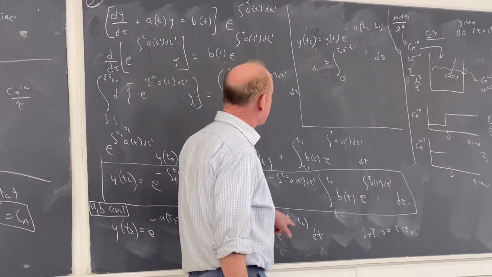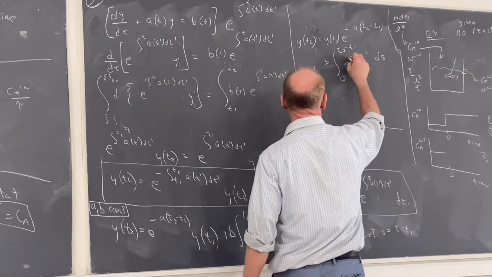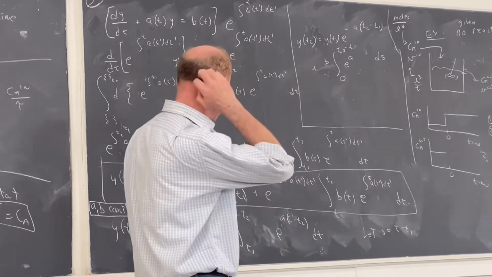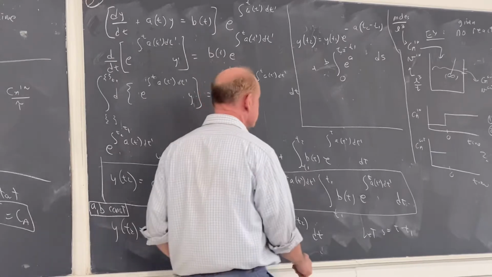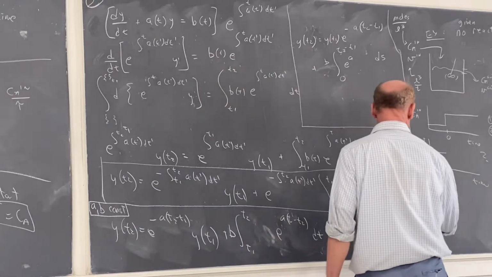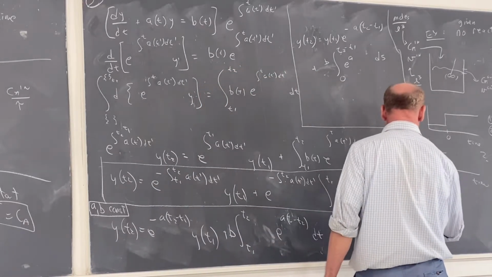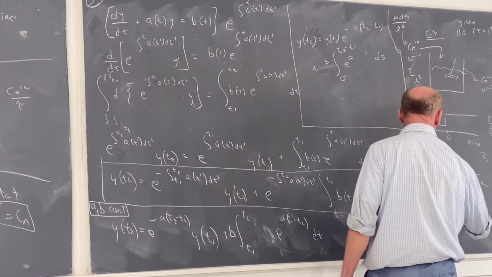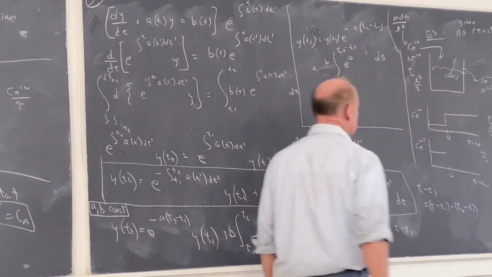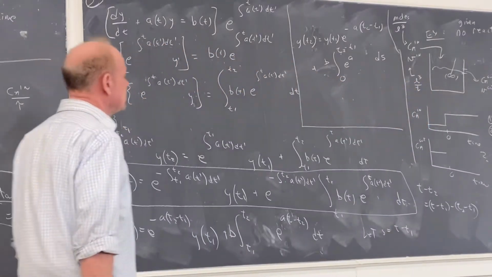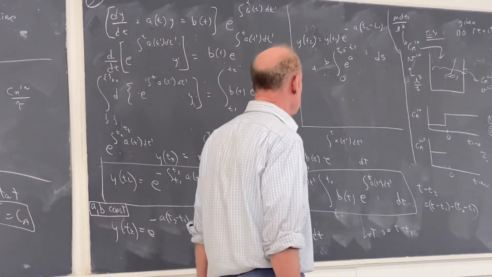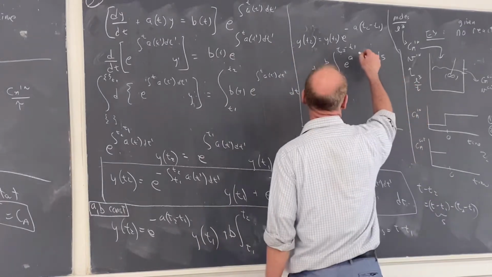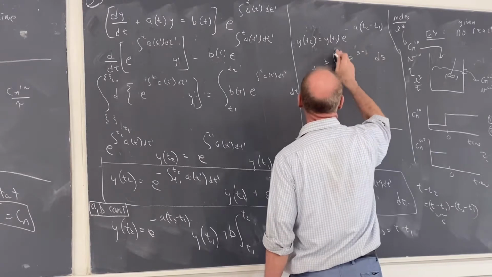So here I have e to the a, and I had a t minus t2. So t minus t2 is equal to t minus t1 minus t2 minus t1. So it's e to the s minus t2 minus t1.